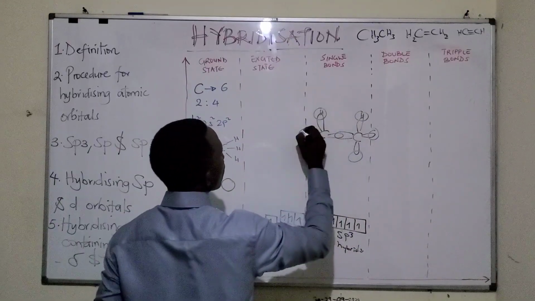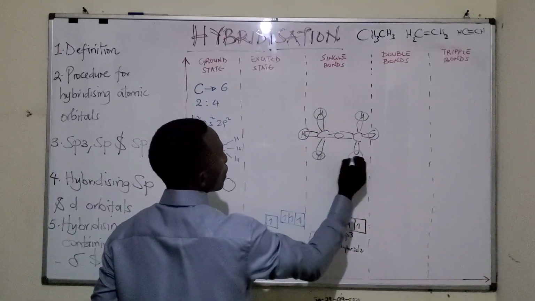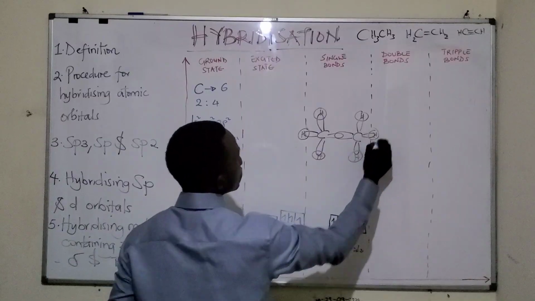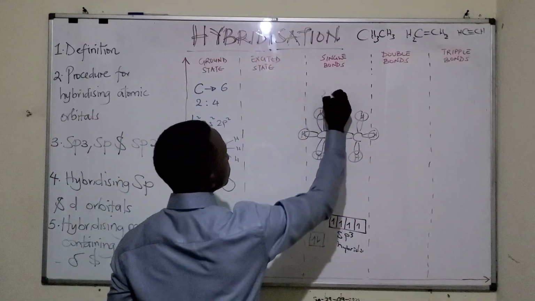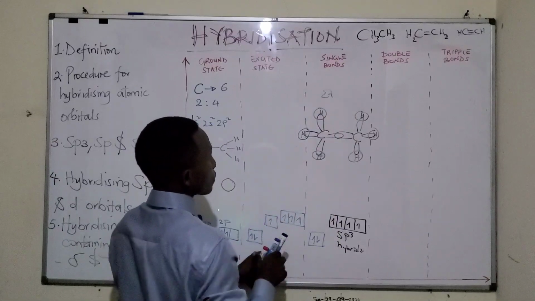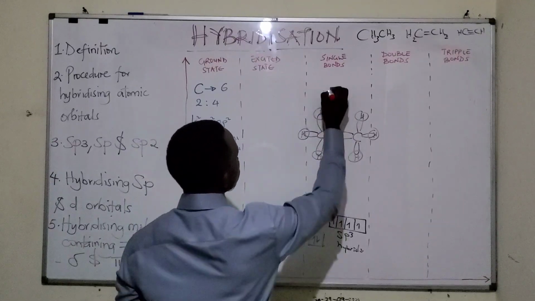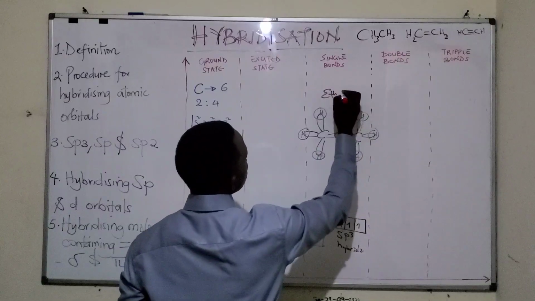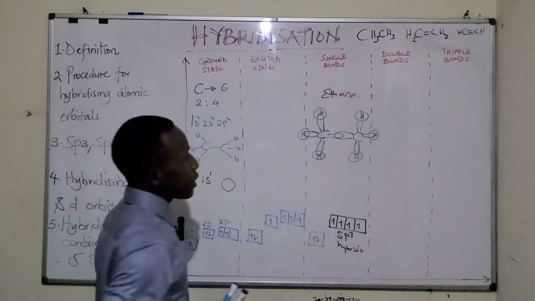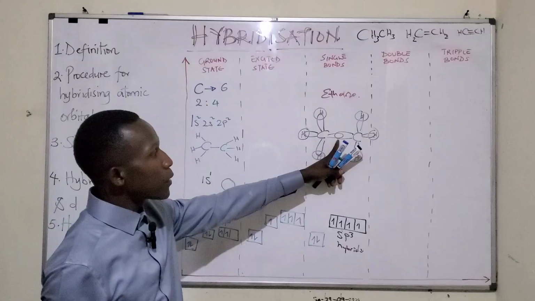So these are hydrogen electrons. This is ethane, and we are forming single bonds.